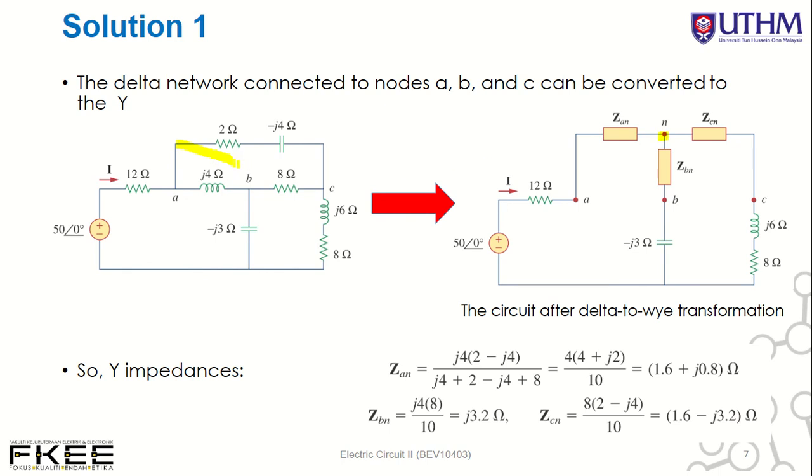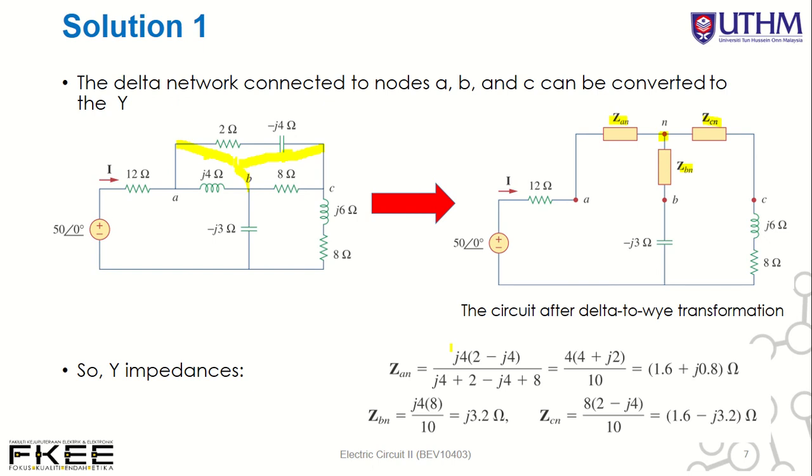We call it N. Okay, ZAN, ZBN, and then ZCN. Okay, we have ZAN, ZBN, and ZCN in Y connected circuit. This is a Y. So the question is how to determine ZAN.